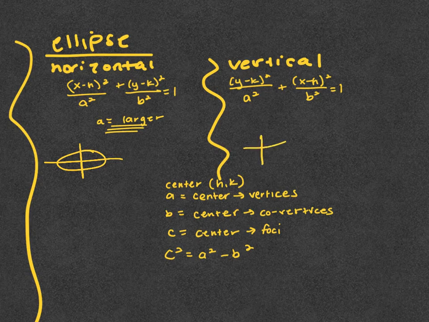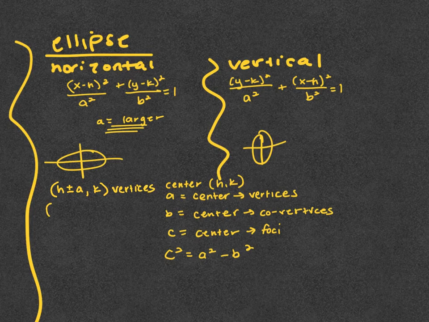If it's vertical, it's taller than it is wide. For the horizontal, the A and the C get added to the x coordinate. So this would be h plus and minus A, k for the vertices, h, k plus and minus B for the co-vertices, and h plus and minus C, k for the foci.